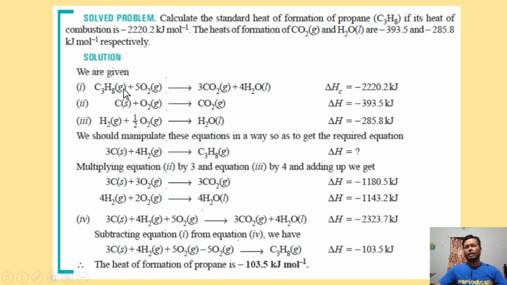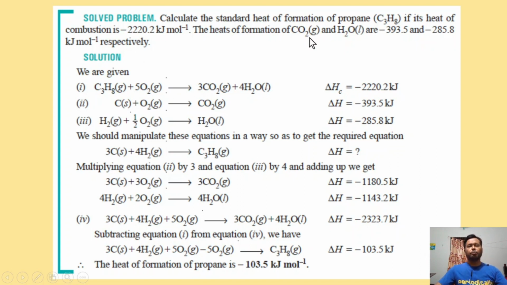So we can write down these types of equations. Already mentioned, the heat of combustion of propane is, that means when 1 mole of propane reacts with 5 moles of oxygen, it produces carbon dioxide and water, and the energy change or heat of combustion is 2220.2 kilojoule per mole.